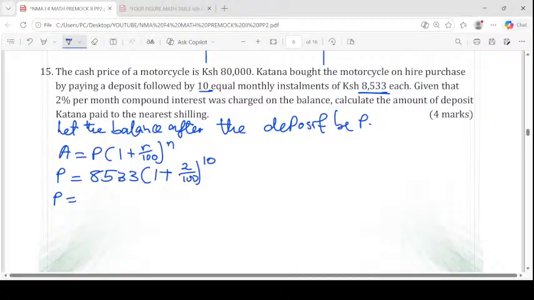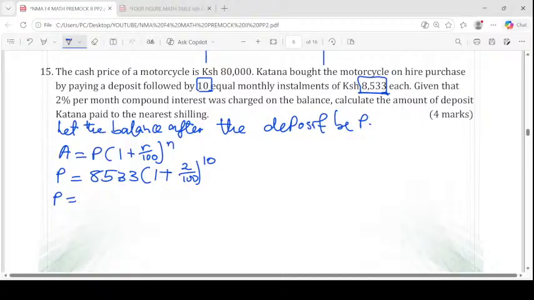this, I'm just trying to figure out how this came into place, because we can see clearly that they paid 10 equal installments of 8,533 shillings each.